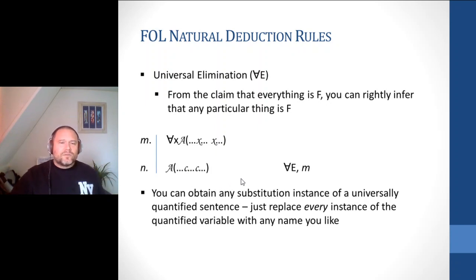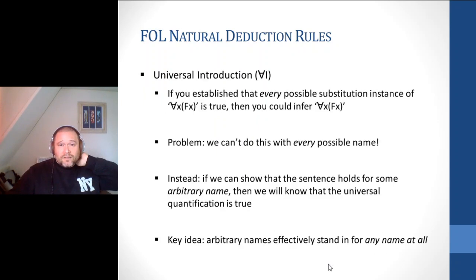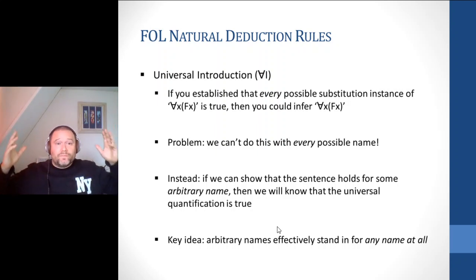So that's universal elimination. Unfortunately, universal introduction is slightly harder. The idea behind universal introduction is you might think that if we could establish that every possible substitution instance makes some sentence true, then we can infer the universal.